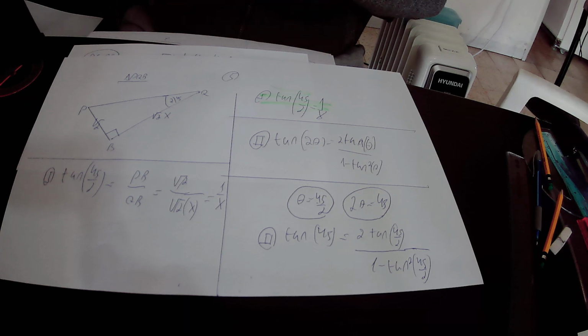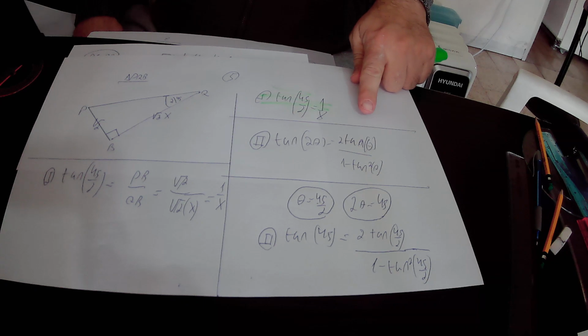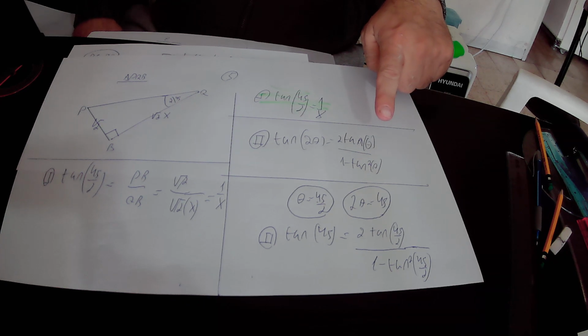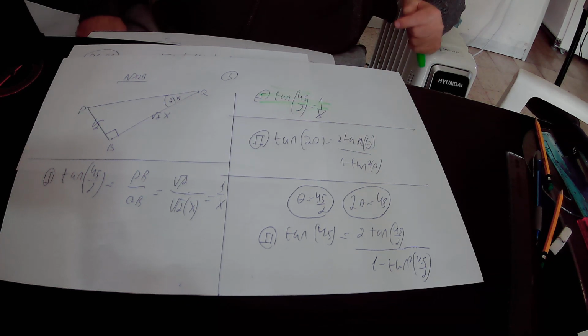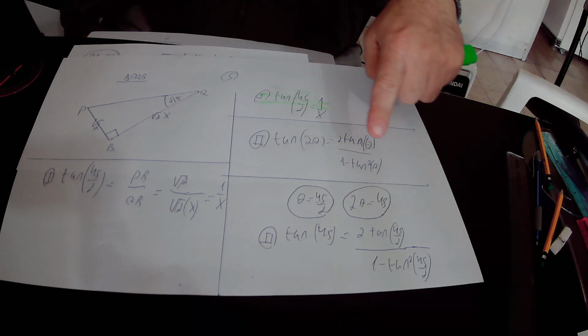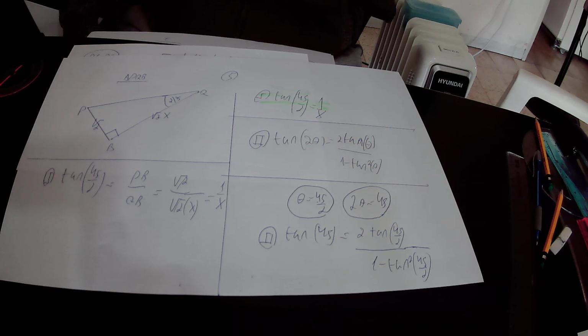We have the trigonometric identity that tangent 2 theta equals 2 tangent theta over 1 minus tangent square theta. Then we define theta as 45 degrees over 2. So if theta is 45 degrees over 2, it means that 2 theta equals 45 degrees.